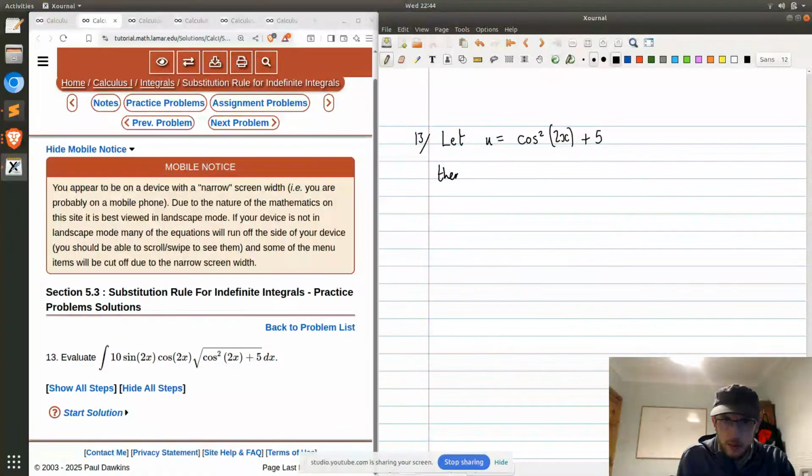And compute differentials, du. Now what's that? Chain rule now.